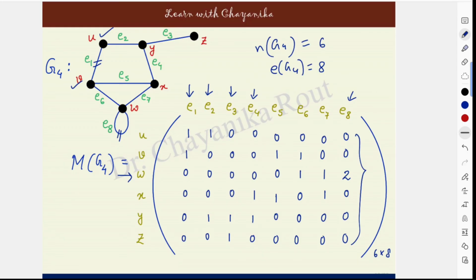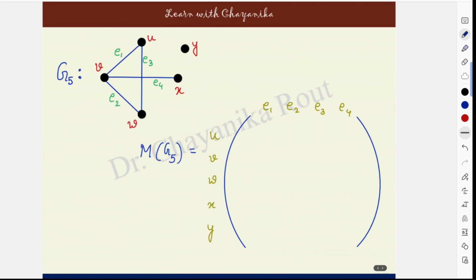For example, corresponding to the row for the vertex W, the sum of all the entries gives you a 4 in total because the vertex W in the graph is having a degree 4. And you can check for every column in this incidence matrix, the sum of the entries comes out as 2 only.